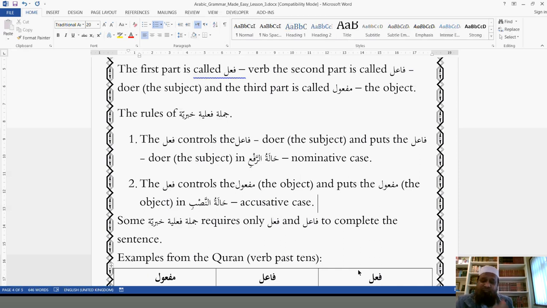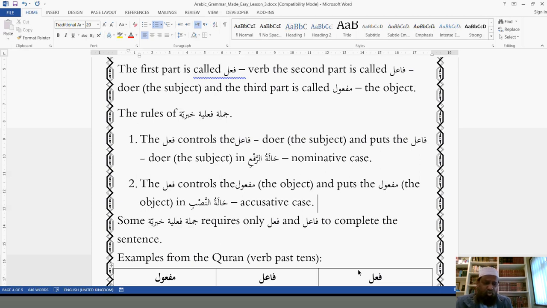You will not have maf'ul for those fi'ls. Okay? Again, the majority of the fi'ls will also have maf'ul, the object. Only there's some fi'ls. They don't need maf'ul. Fi'l, fa'il is enough to complete the sentence. We will learn those fi'ls as well. Those do not require the object, the maf'ul.